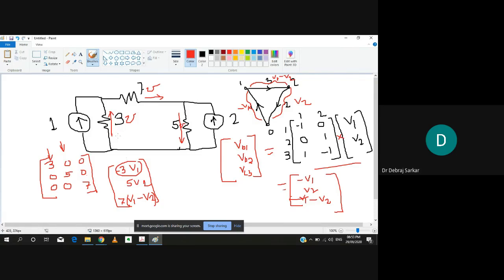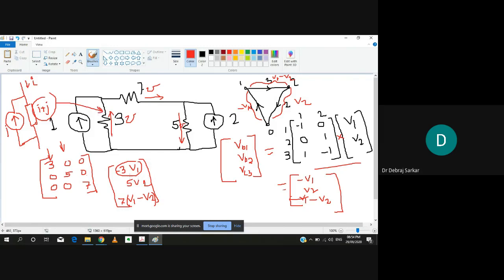This current, if you go to the primitive network, the element was something like this. You have this I, and you have this J. Here it is I plus J. You are talking about this.